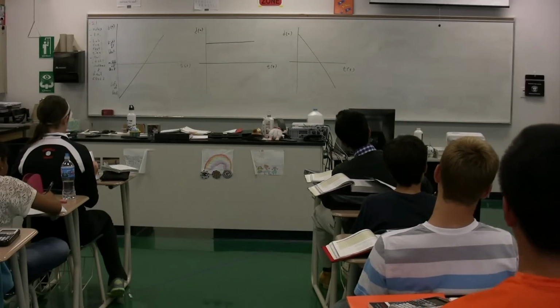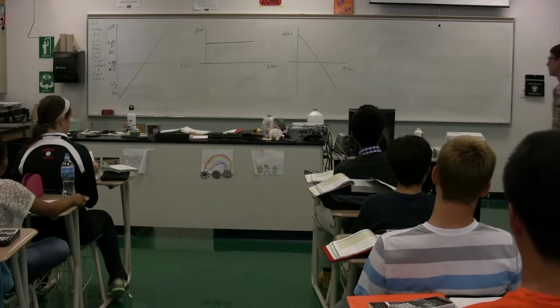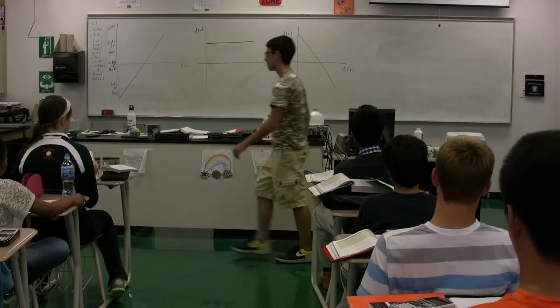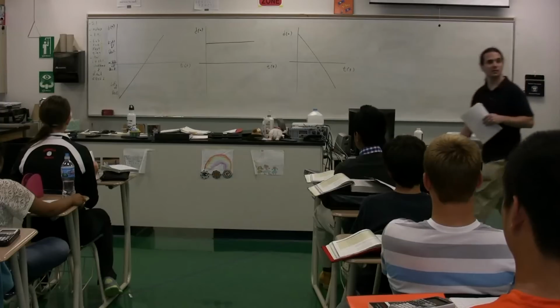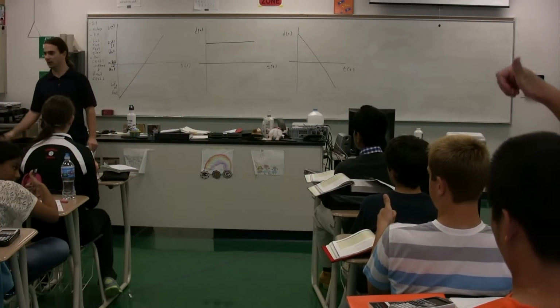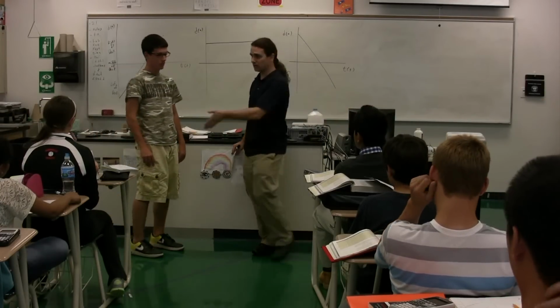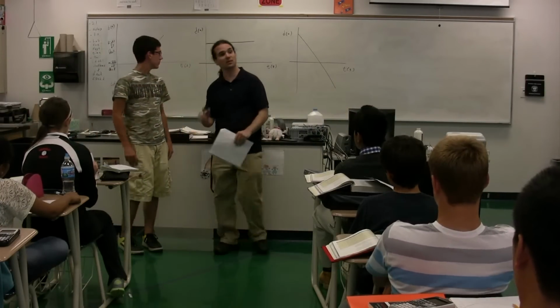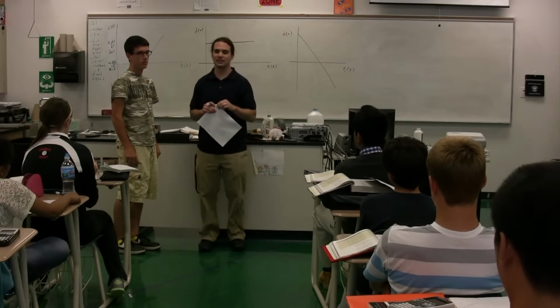Okay, thanks. Start. Stop. Okay. He started to the right of the desk, walked through all the way to the left of the desk. Question. Did he face the correct direction when he did it?